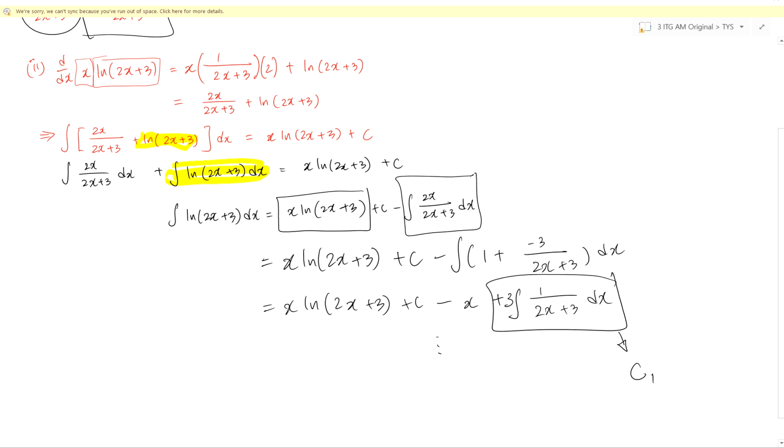This time you will have to call it C1 because you have already used C earlier on. At the final step, you can combine your C and C1 into C2. Arbitrary constants are not the same. We have two different integrations, so we have two different arbitrary constants. When you add two arbitrary constants, you get another arbitrary constant. So labeling is important.